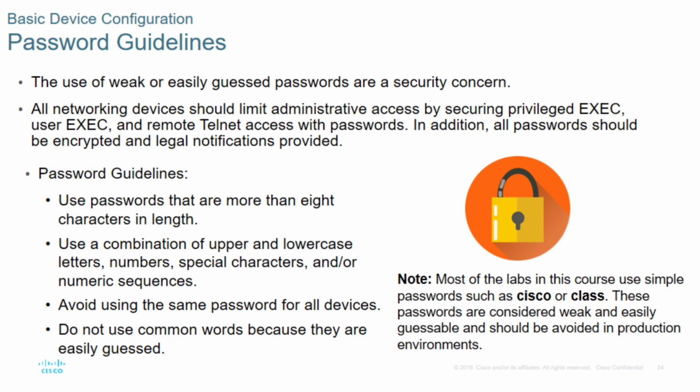Cisco IOS can be configured to use hierarchical modes and passwords to allow different access privileges to network devices, and all networking devices should limit administrative access by securing remote telnet access with passwords. In addition, all passwords should be encrypted and legal notifications provided, right?